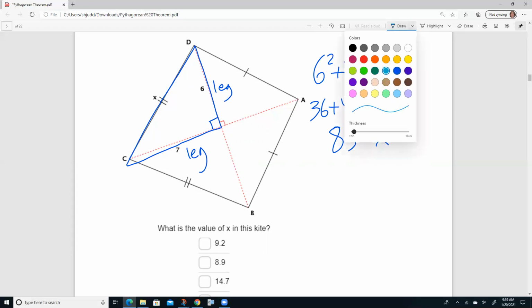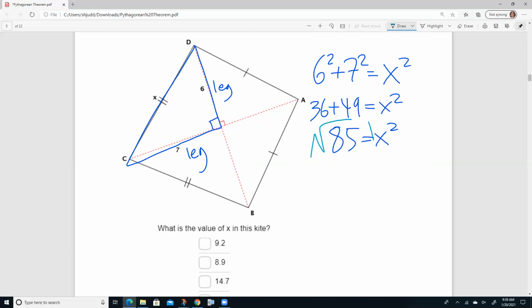And then, of course, my final step would be to take the square root, which is going to be 9.2195 equals x. Oh, it says what is the value of x, and it's already got it rounded for us at 9.2.